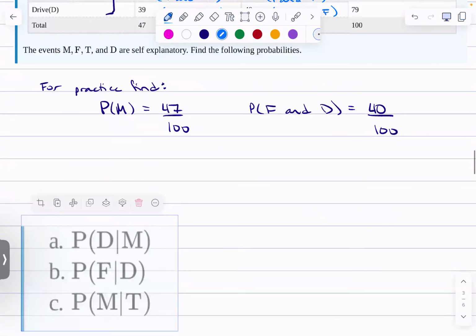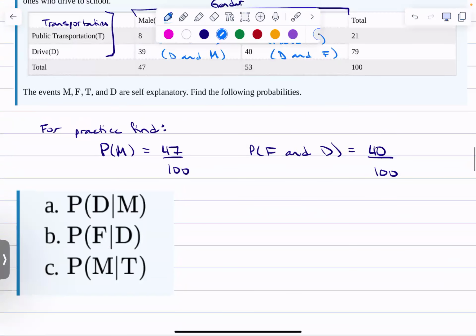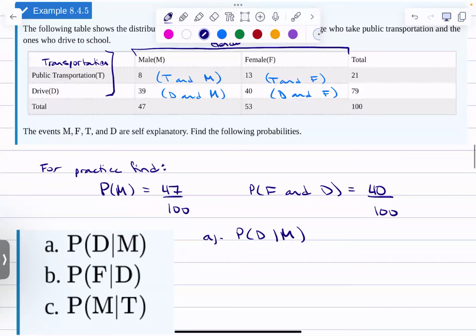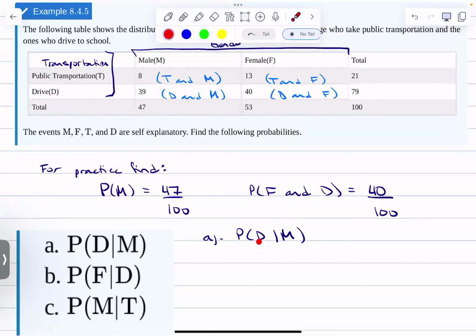So now, what if I want to find the probability of D given M. So the probability that they drive given that they are male.